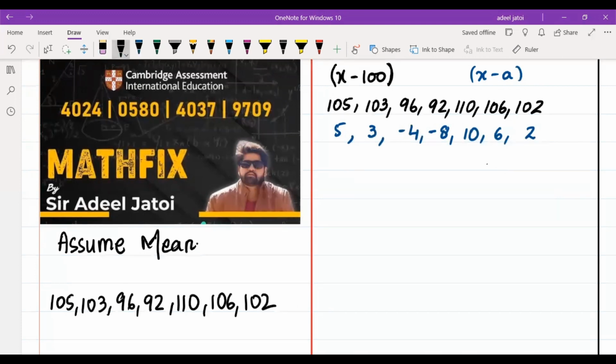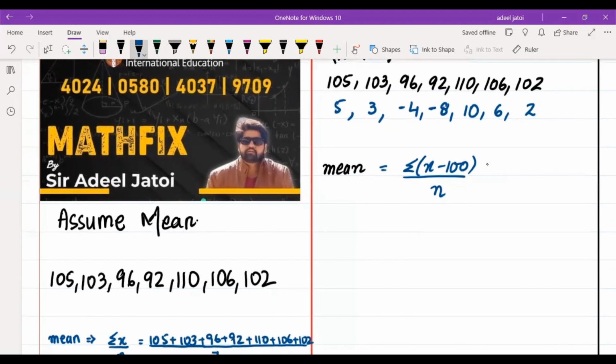Now, since I have 5, 3, -4, -8, 10, 6, 2, let's work upon the mean of assumed data. The mean of assumed data formula will be the summation of x minus 100, because the data is reflected by x minus 100, divided by n, which is 7.